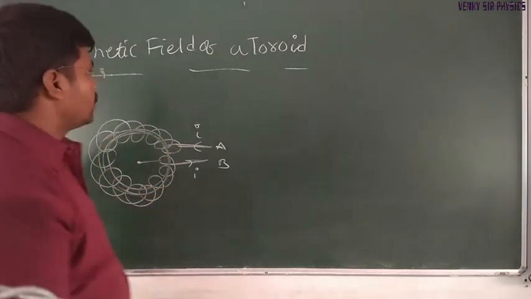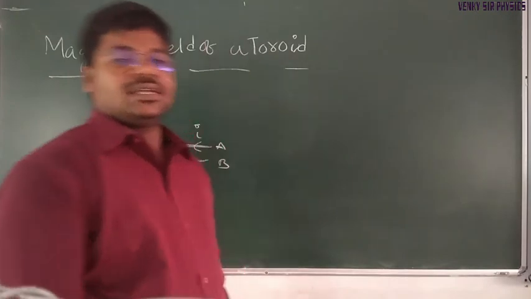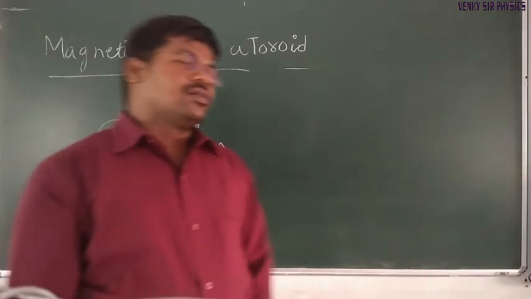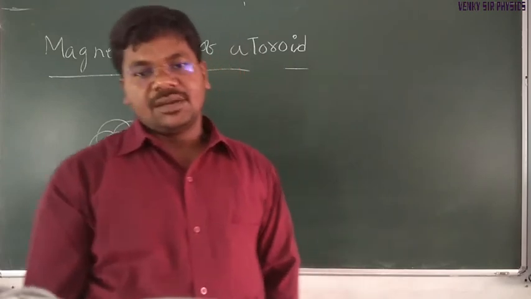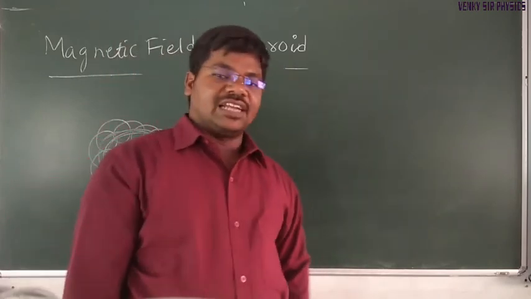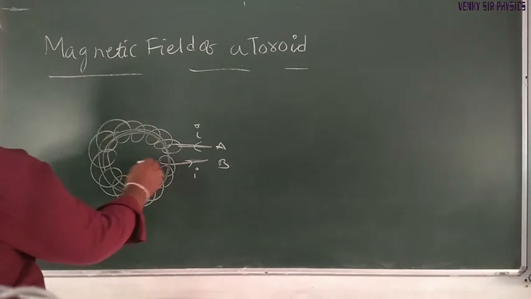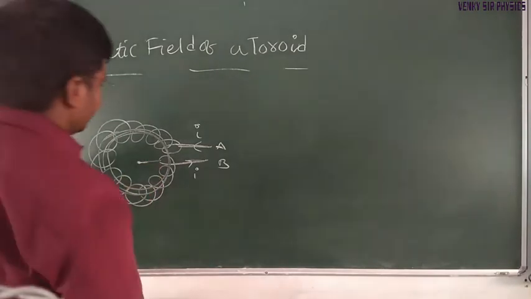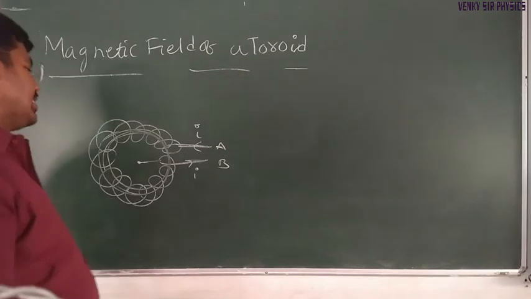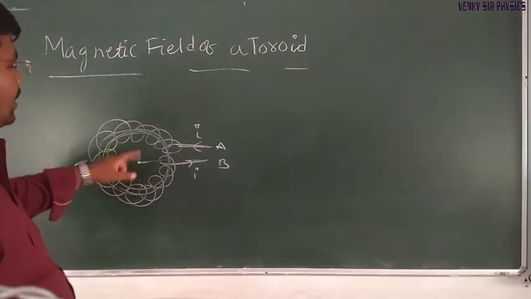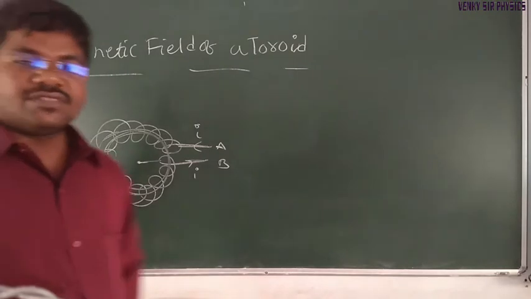So how can we find the magnetic field of a toroid? Already we derived, last class, the magnetic field of a solenoid. See here, consider 3 points, arranged at the center of the toroid, the middle of the toroid, and the outer surface of the toroid.